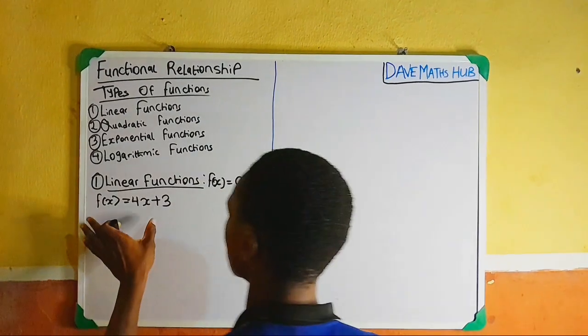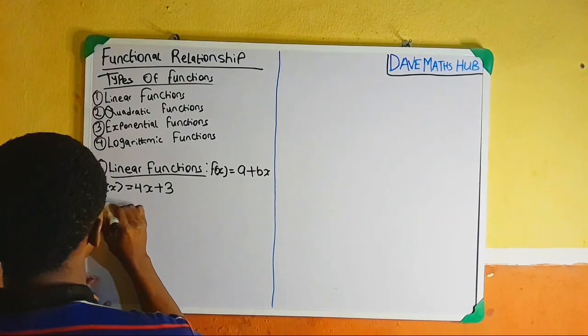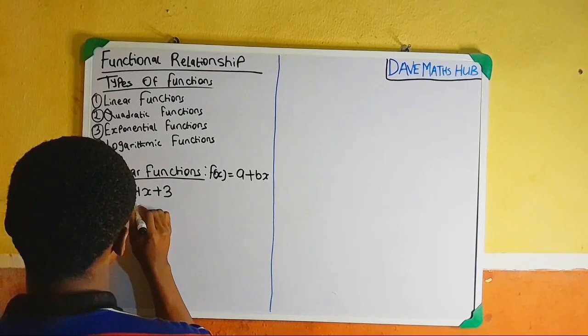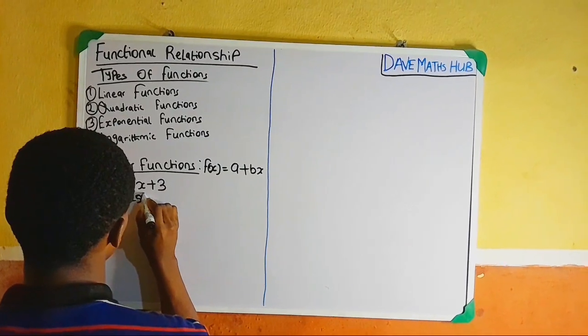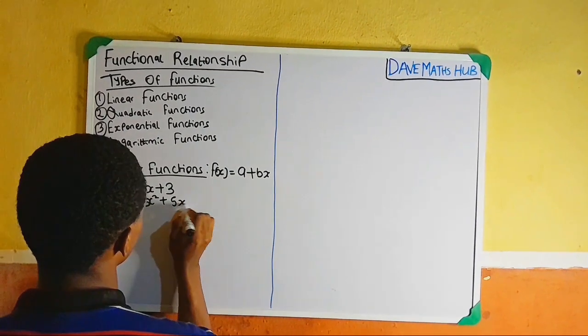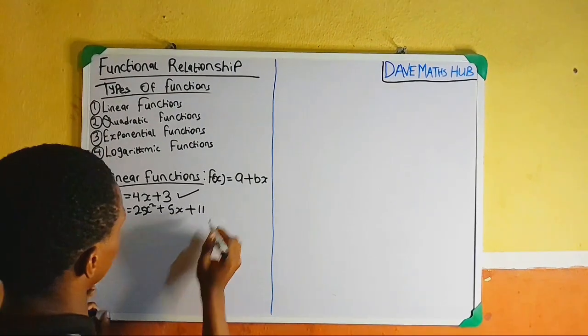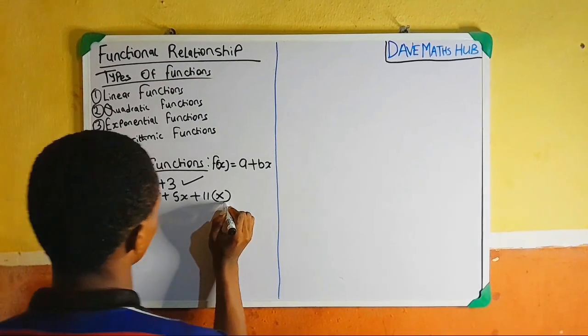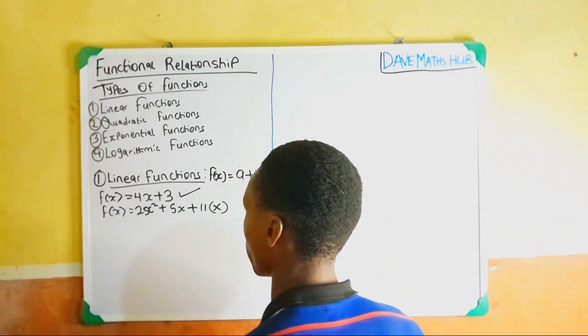So it's basically talking about this first one, not the other one of f of x equals 2x squared plus 5x plus 11. Why? Because it has no raised to power x or raised to power 2.